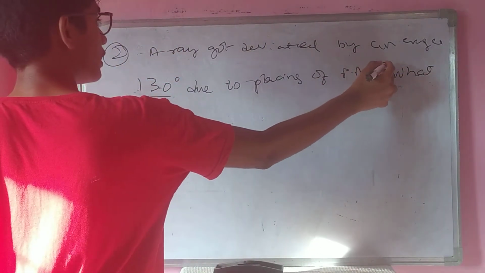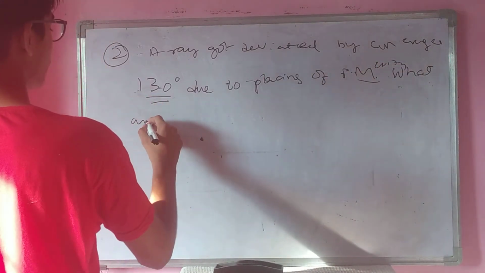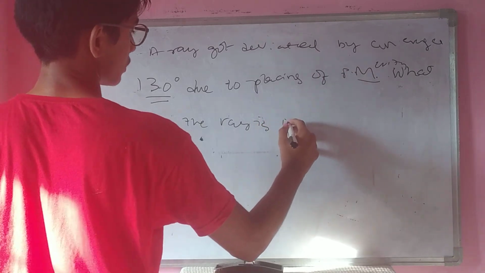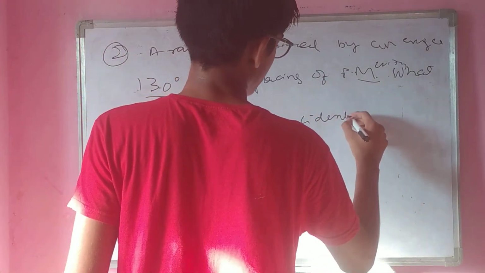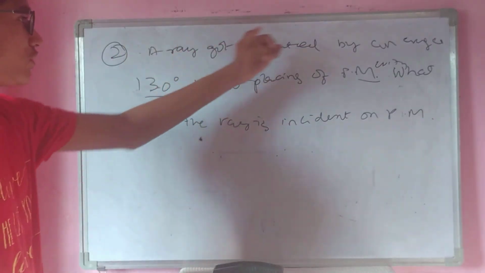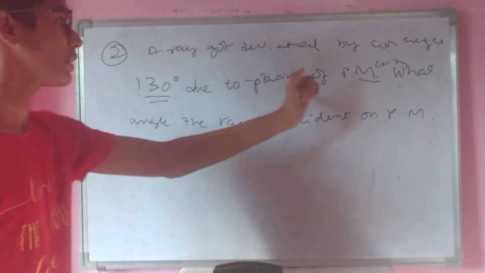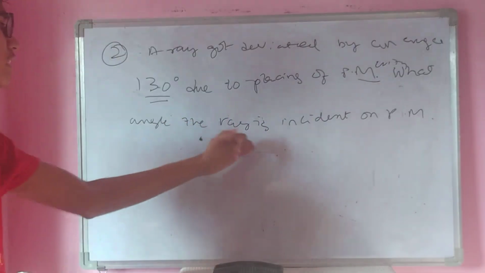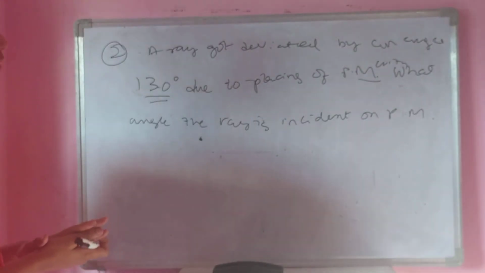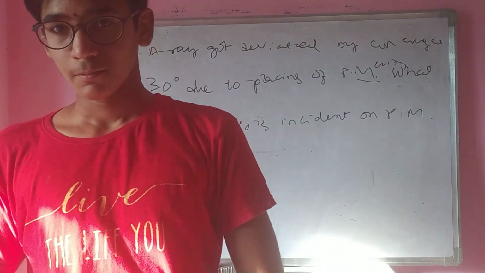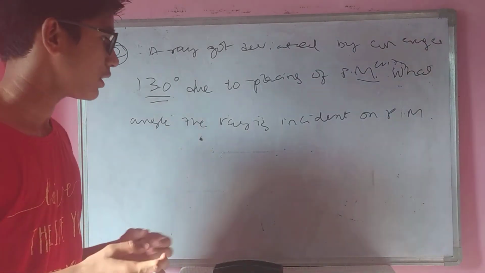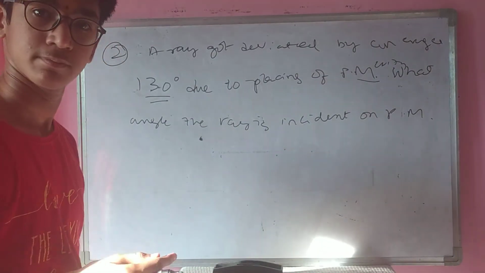With what angle is the ray incident on the plane mirror? I had said the ray got deviated by an angle 130 degrees due to placing of the plane mirror. He is asking, with what angle is the ray incident on the plane mirror? You could pause and try this sum because I had given an introductory sum to this topic. Please pause and try.